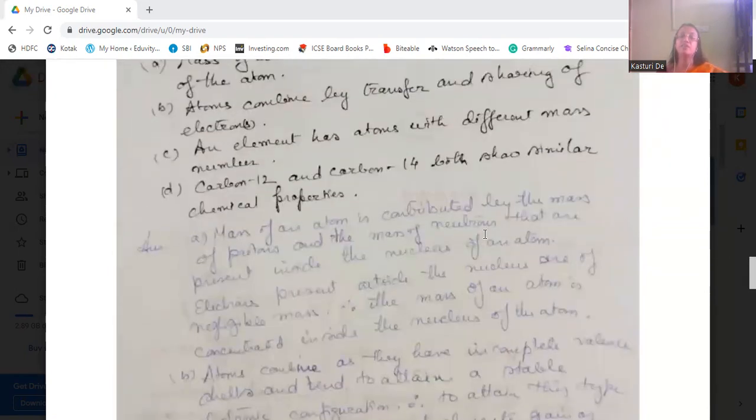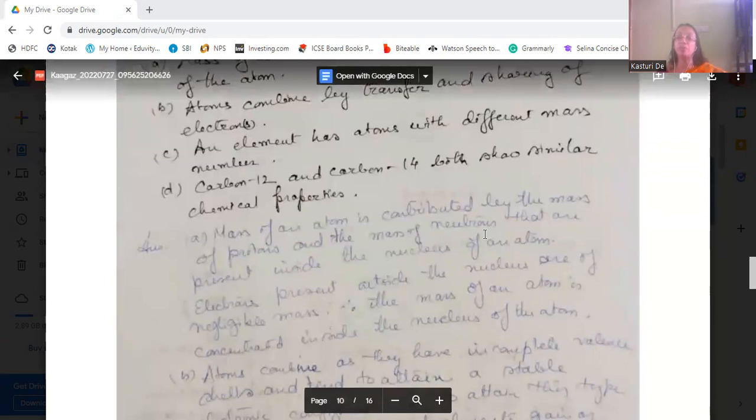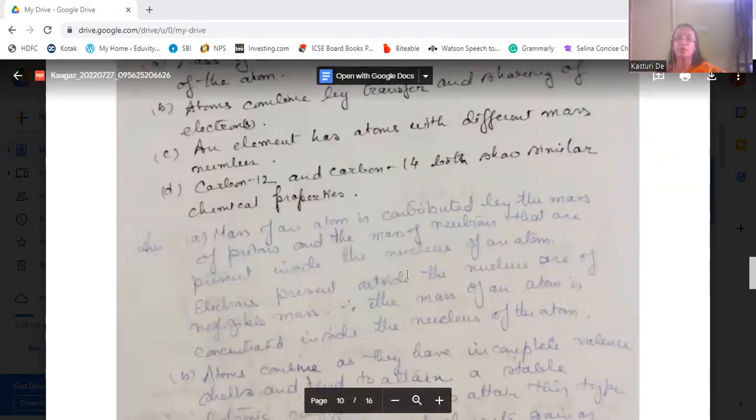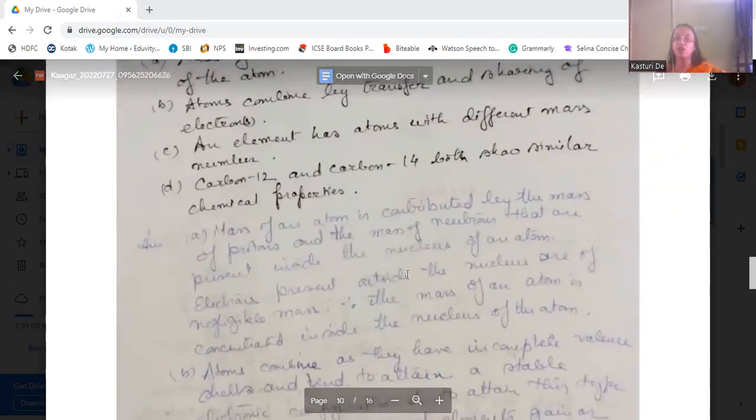Okay. Next is atoms combine by transferring and sharing of electrons. Electrons which are present outside the nucleus have negligible mass. The second question is atoms combine with transferring and sharing of electrons.